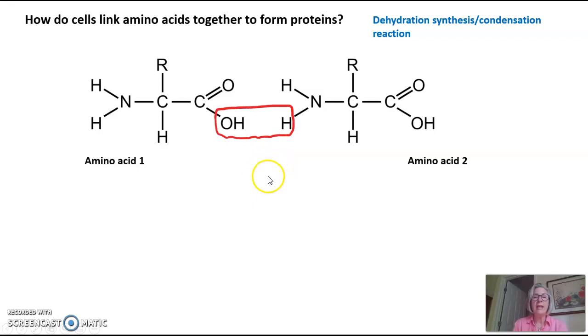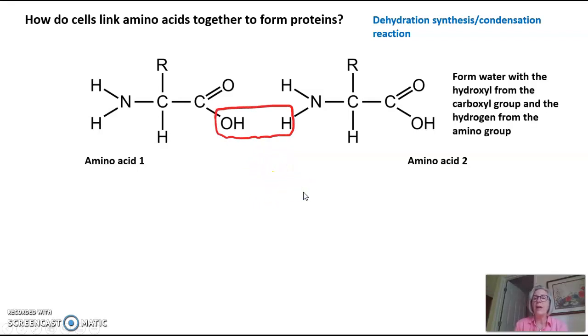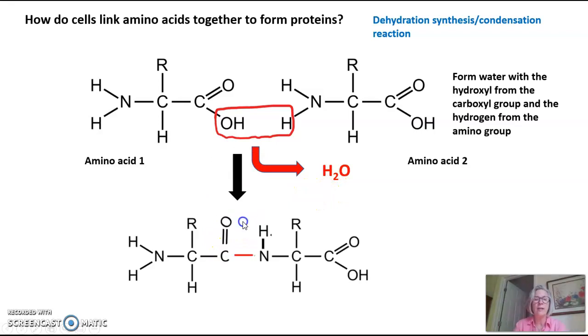We are going to link these two amino acids together by taking a hydroxyl from the carboxyl of amino acid number 1 and a hydrogen from the amino group of amino acid number 2. This is going to form water, which is where the term dehydration comes from in the dehydration synthesis reaction.